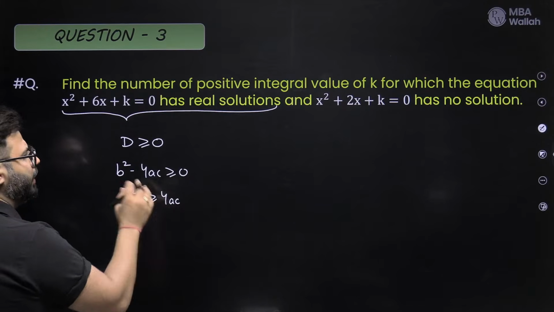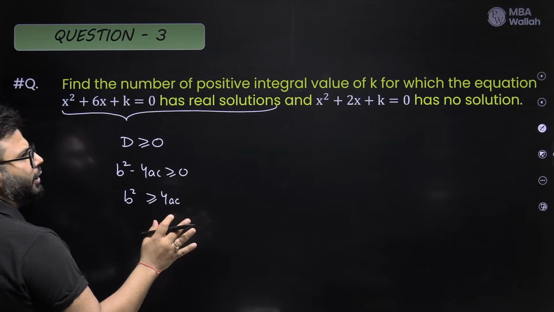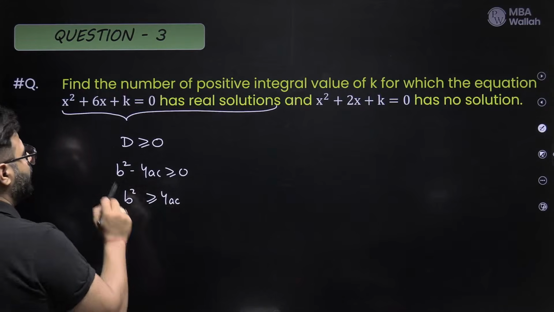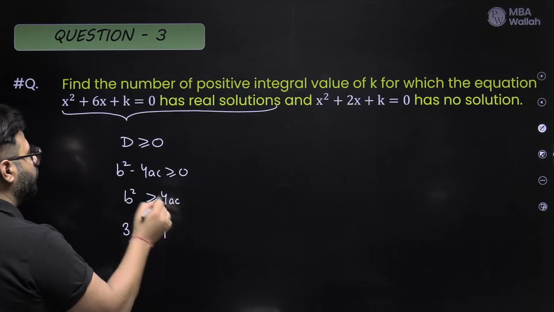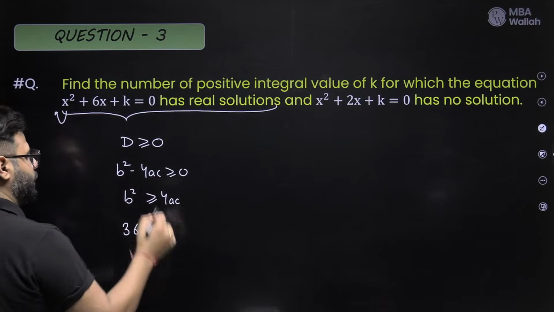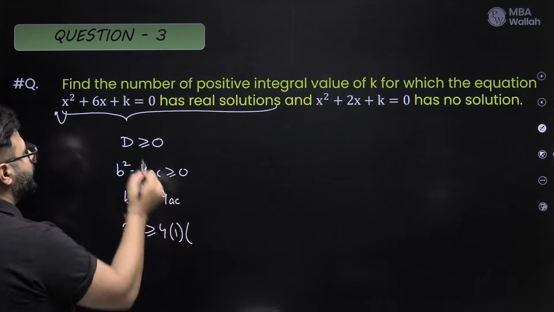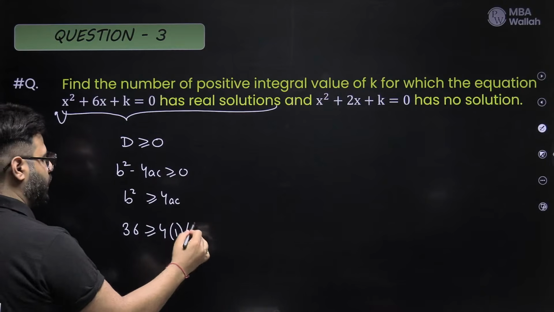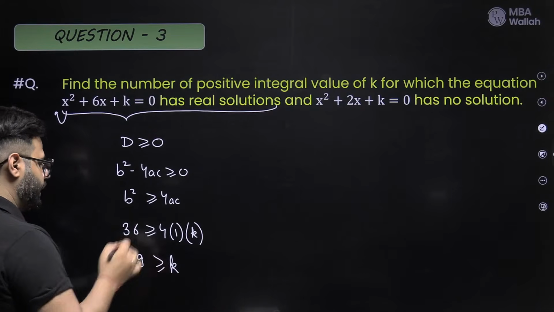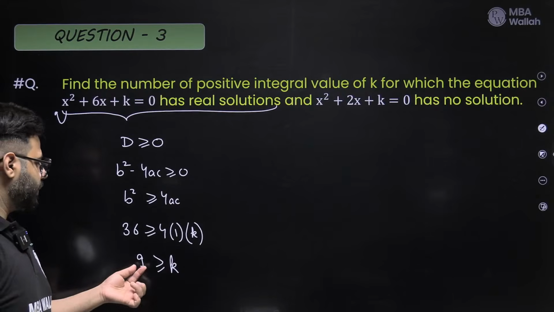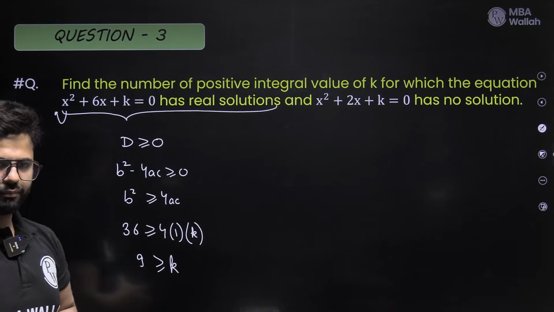I don't want to keep any minus signs in the inequalities, it causes trouble otherwise. So b square, 6 square, that's 36, greater than or equal to 4, the coefficient of x square is 1, c is k. So what we know is that k is less than or equal to 9. So k cannot surpass 9 but can be equal to 9.